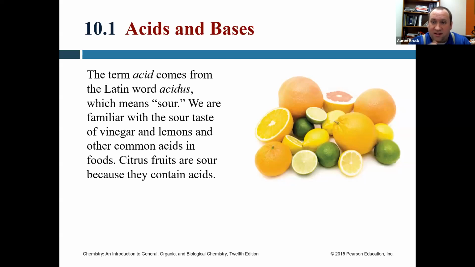All citrus fruits contain a combination of several different acids. Citric acid is the one primarily associated with the sour, bitter flavor of these compounds, but we also get ascorbic acid, vitamin C, in a lot of these as well.